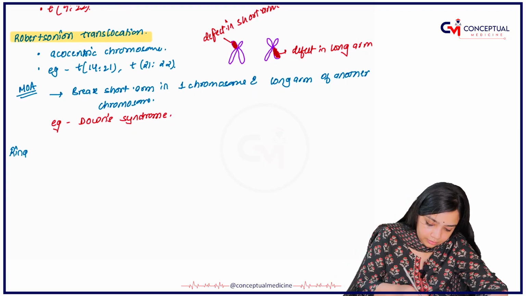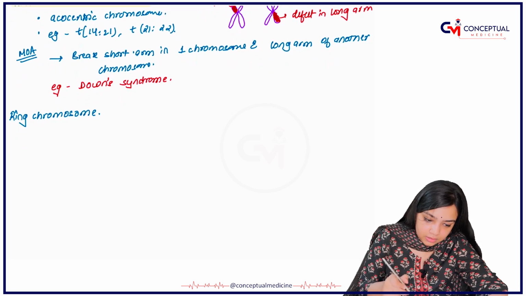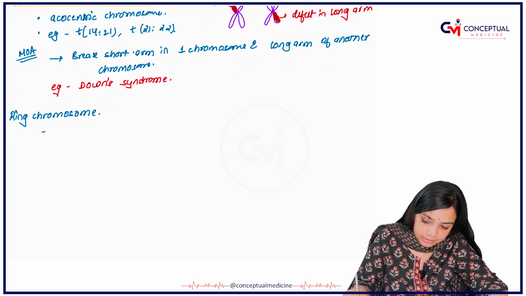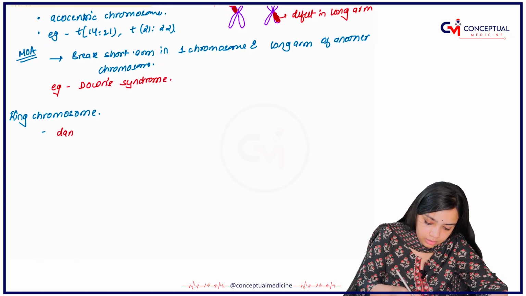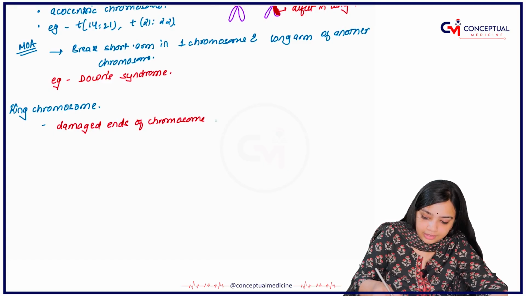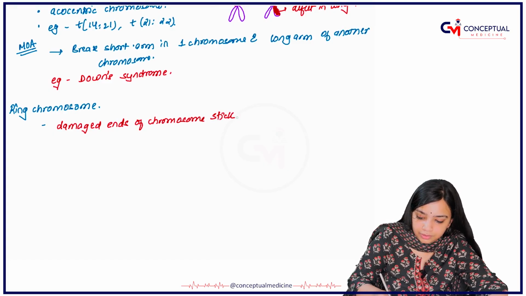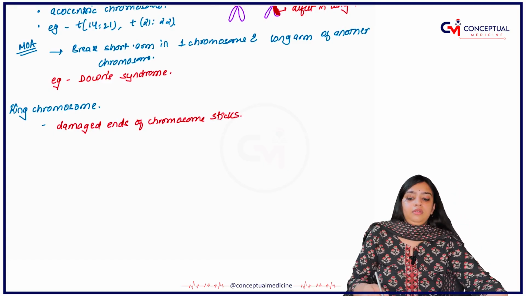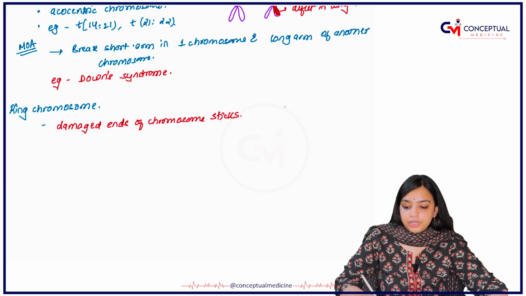Ring chromosome. In the ring chromosome, what happens? The damaged ends of the chromosomes stick like a ring. Again, I am drawing a figure.